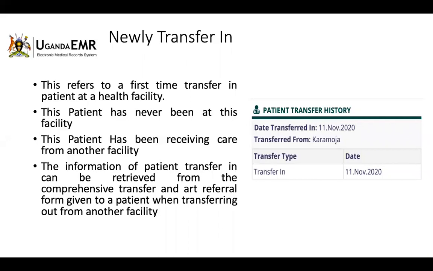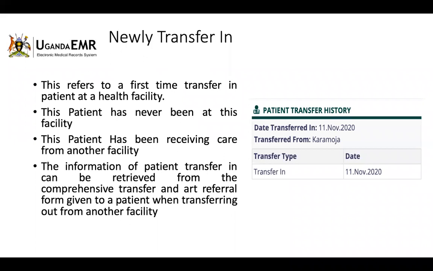This patient has been receiving care from another facility, and we have the information of the patient. So where is the information about this patient who is being transferred in?